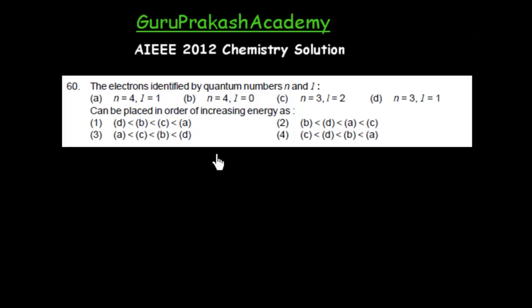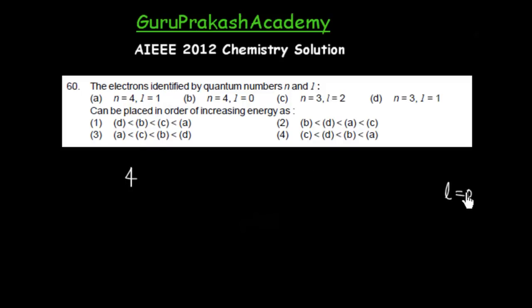Now this is from atomic structure. The electrons identified by the quantum numbers n and l can be placed in order of increasing energy. So we have to find which has the highest energy and which has the lowest energy. Here n is equal to 4 and l is equal to 1.